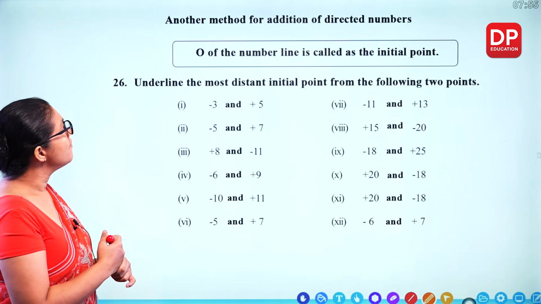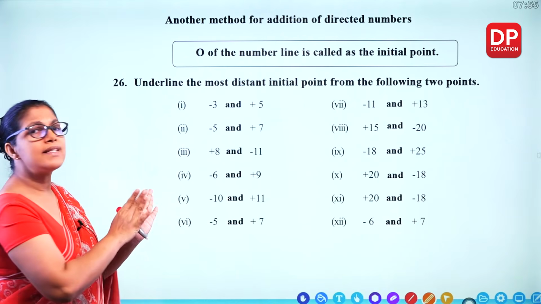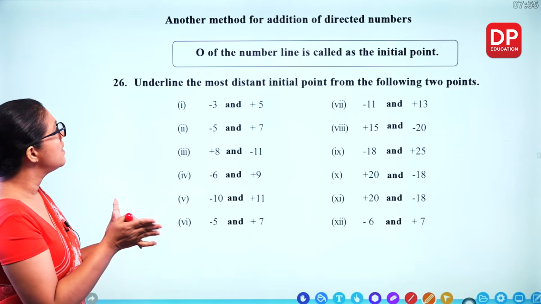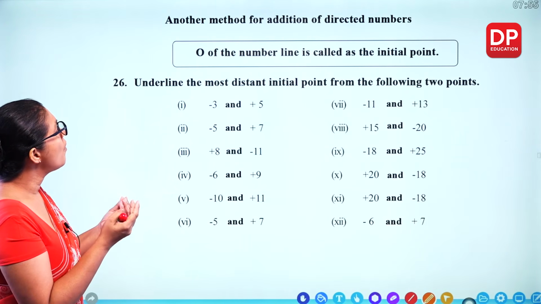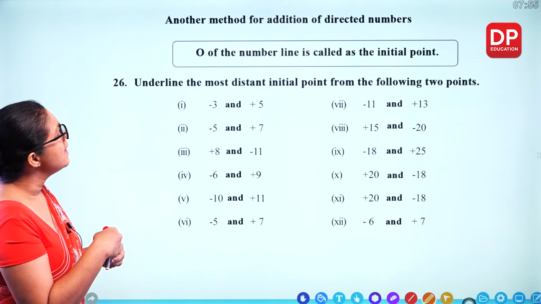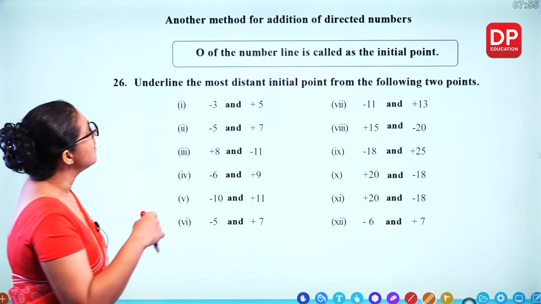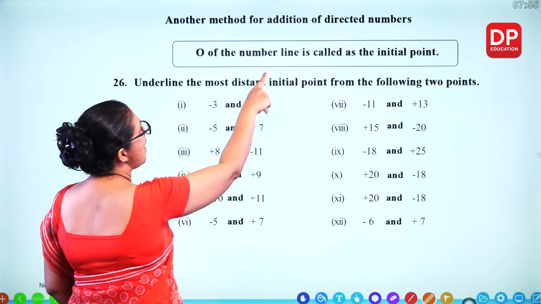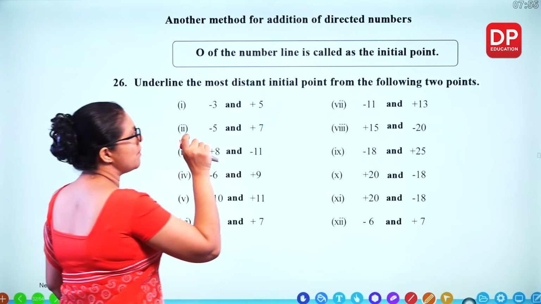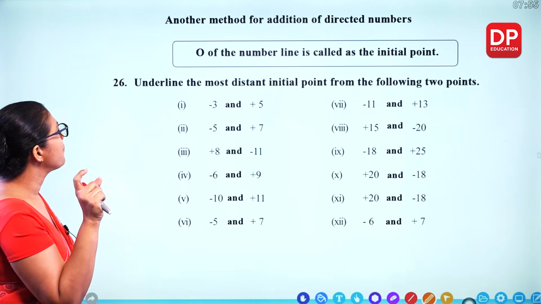So this is where we look at the distance from the initial point. O means 0 on the number line. 0 of the number line is called the initial point. We already know that.